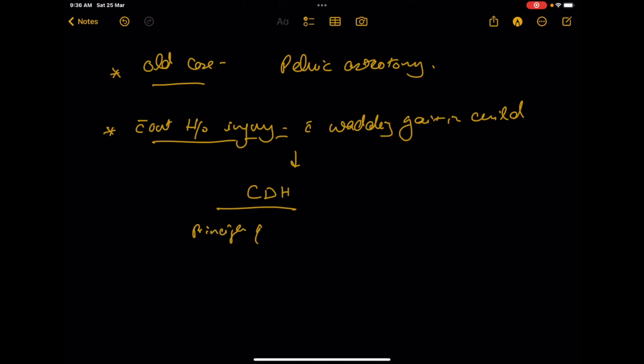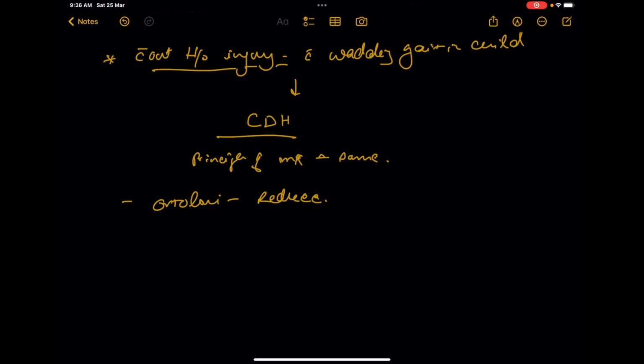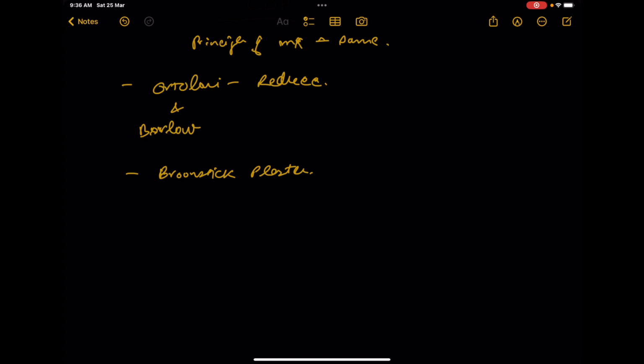The Ortolani and Barlow tests are positive. So you use the Ortolani to reduce. You retain by a plaster, the broomstick plaster. And you rehabilitate when the dislocation is stably reduced.